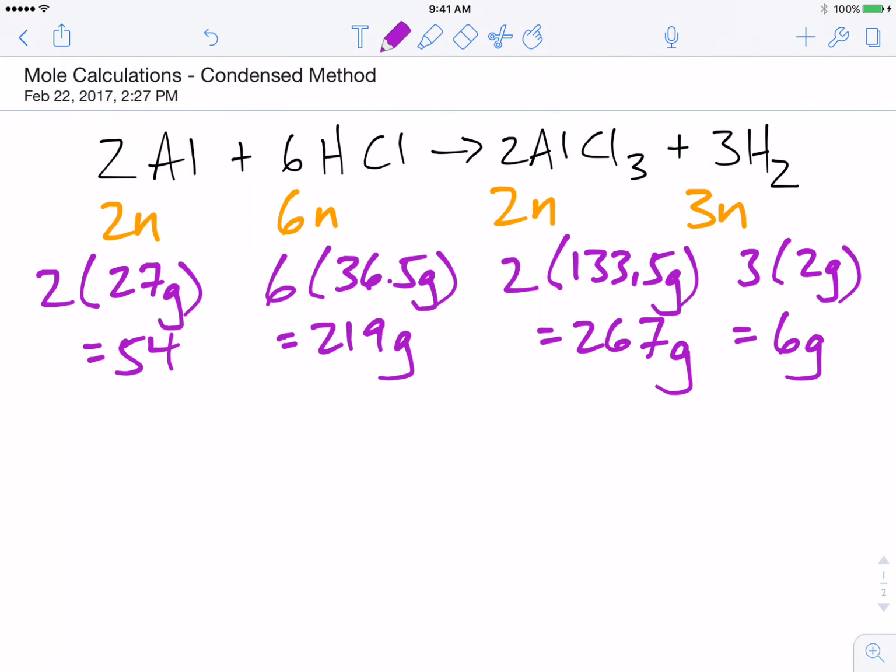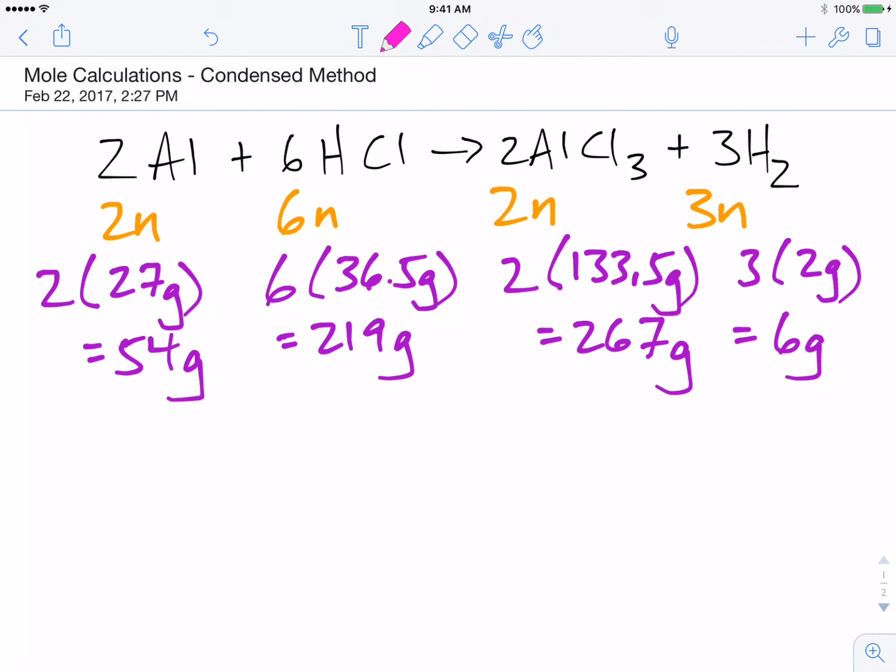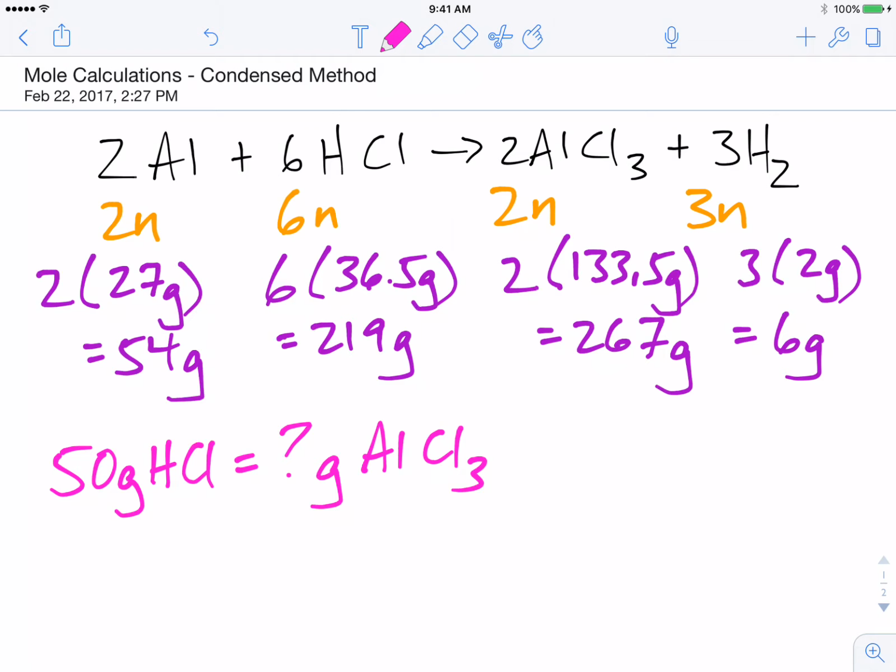Let's say that we have 50 grams of HCl, and we want to know how many grams of AlCl3 that we would produce.